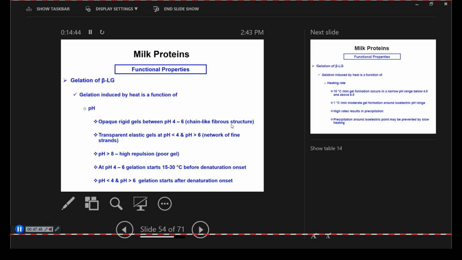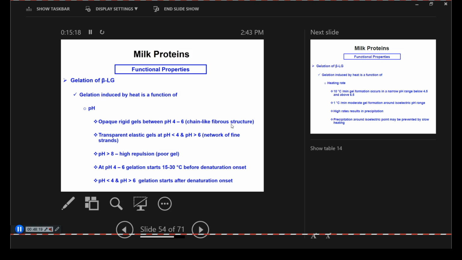So onset of gelation can occur before the denaturation of the protein because you already have low repulsion due to the pH. So at temperatures of 15 to 30 degrees, even below the temperature of denaturation, we can get gelation to occur. However, at pHs where you have charge, you really need the protein to denature in order to expose some of the hydrophobic residues within the protein for a gel to actually happen.